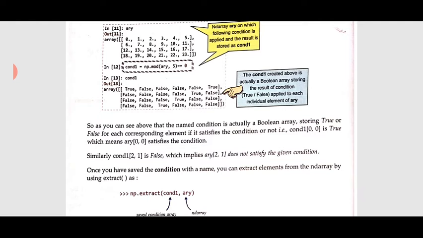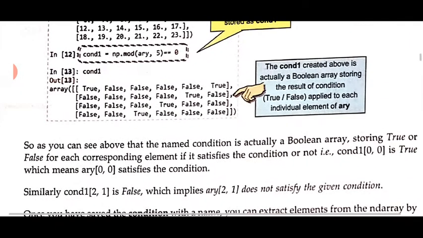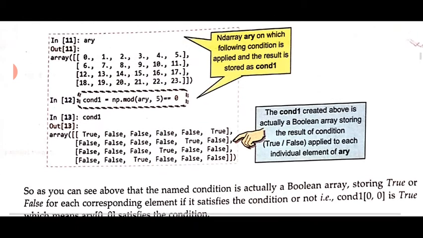So it will divide all the elements of ary by 5, and if the result after division is equal to 0, meaning the element is fully divisible by 5, then it will store true, otherwise false, in cond1. So when you type cond1 in line number 13, the first element is 0, so 0 divisible by 5, the resultant will be 0, so that it is true.